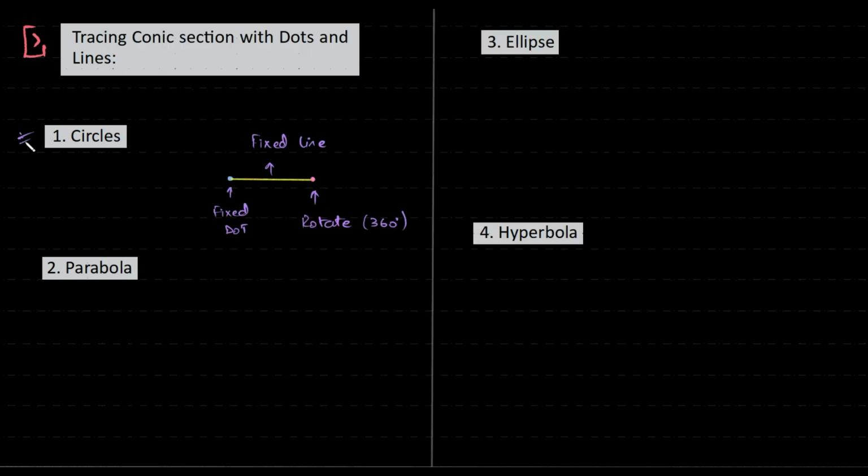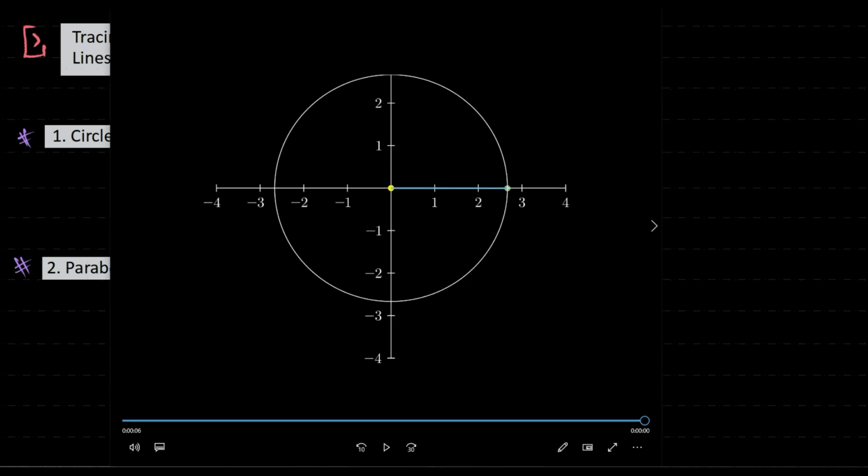Now, in a similar manner, you guys have to think about how to describe a parabola. So I'll show you how to draw a parabola. You guys should think of the condition. Again, all of this will help you understand the concept better. So this is your parabola.